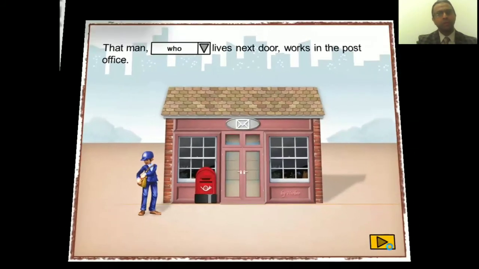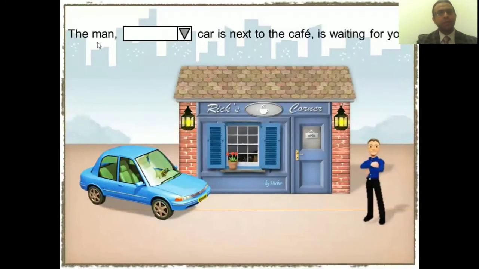Good. Next. The man car is next to the cafe, is waiting for you. Now I'm expressing possession. So I use which one? Which, that, or whose?